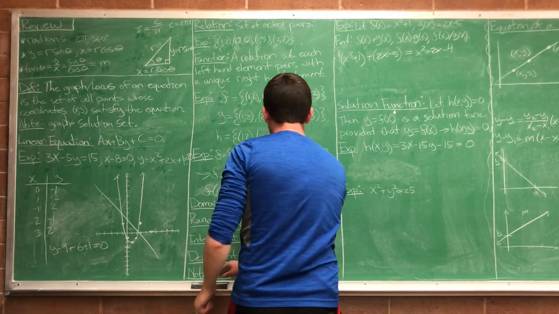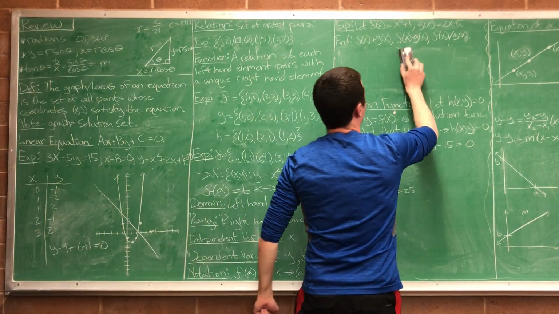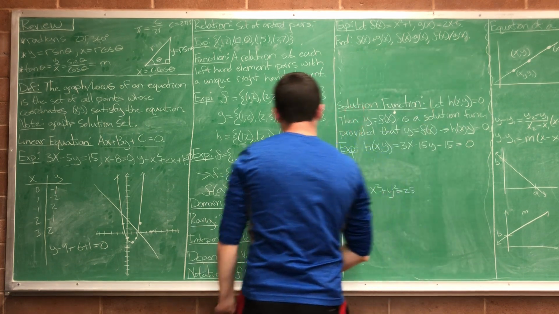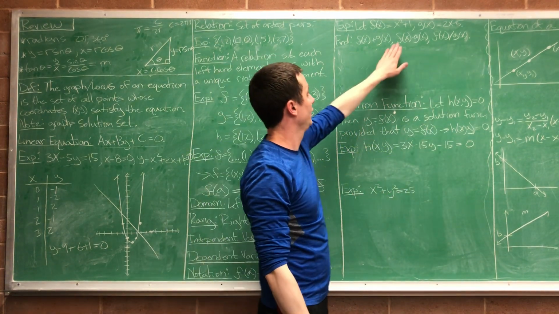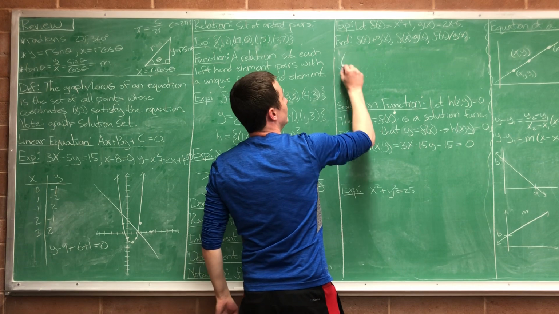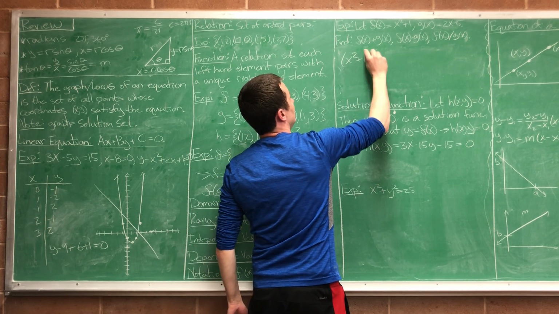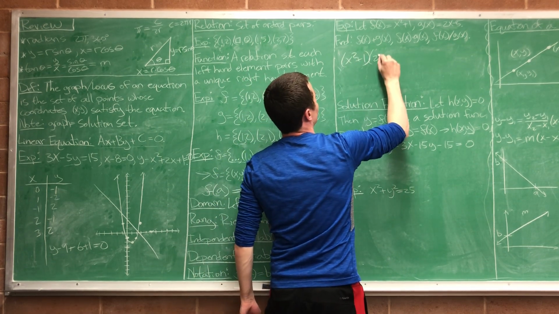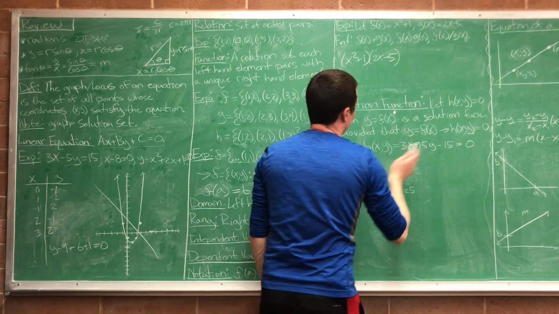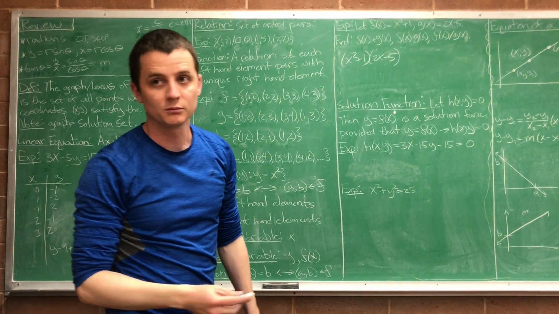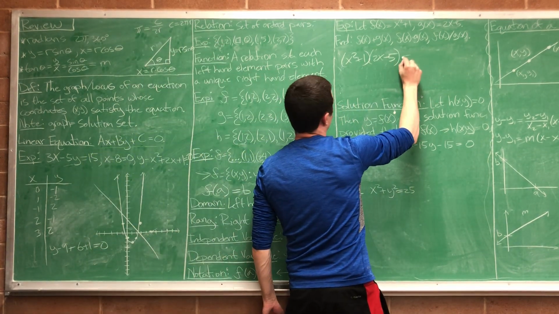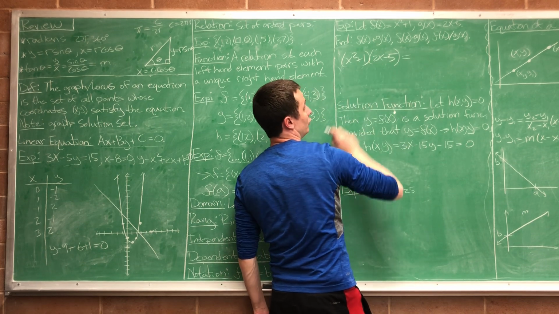So you can add functions together to get new functions. You can also multiply functions together to get new functions. Let's look at f of x times g of x. Here's f of x, x squared plus 1. Here's g of x, 2x minus 5. And we can multiply them together to get some new function. And how do you do that? Exactly the way you already know to multiply these. You distribute through.